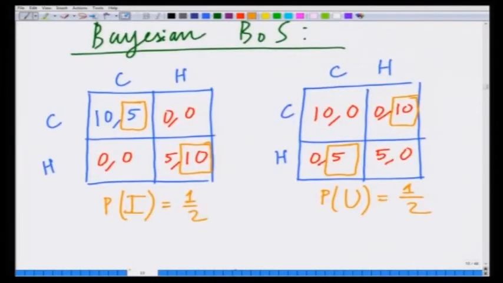We go here and see from the Bayesian game tables that if the boy is choosing C, then C is the best response of the girl of type I. However, if the boy is choosing C, the best response of the girl of type U is H and not C. So, while C of the girl of type I is the best response, C of the girl of type U is not the best response.